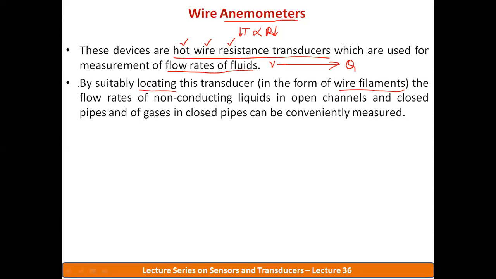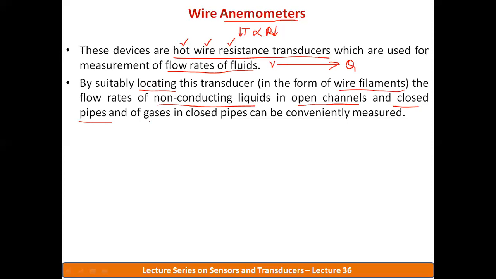By suitably locating this transducer or the wire filament, the flow rates of non-conducting liquids in an open channel can be measured. The channel carrying this liquid can be open also, or it can be a closed pipe or a conduit.